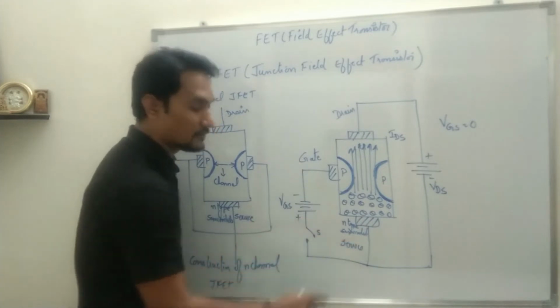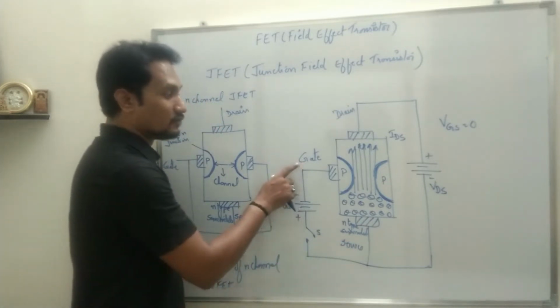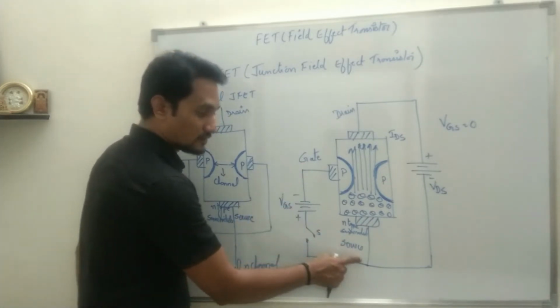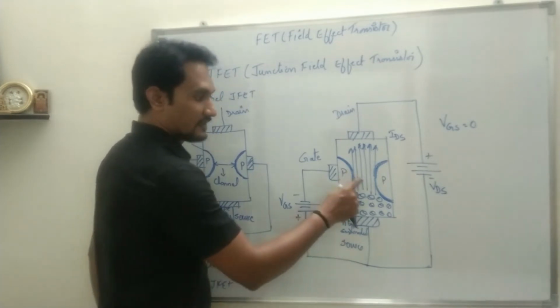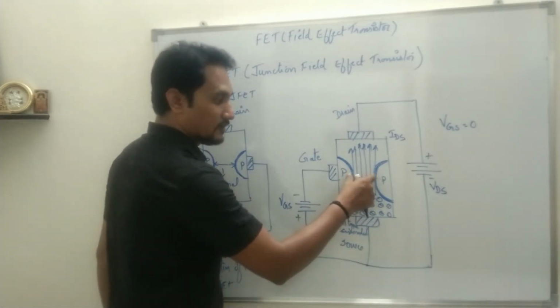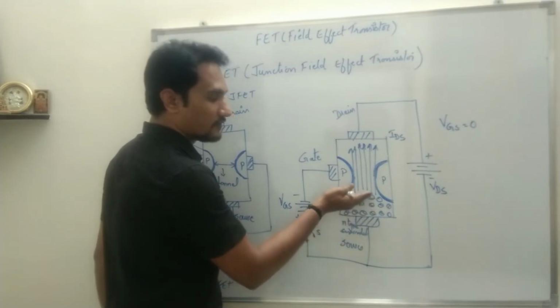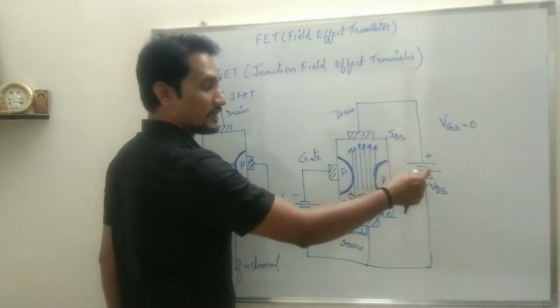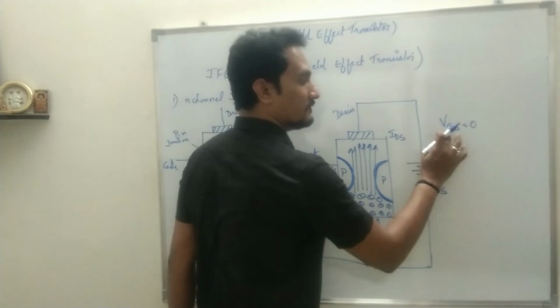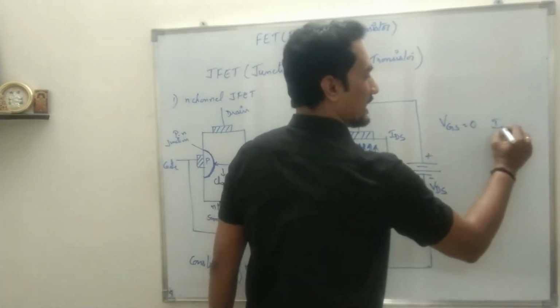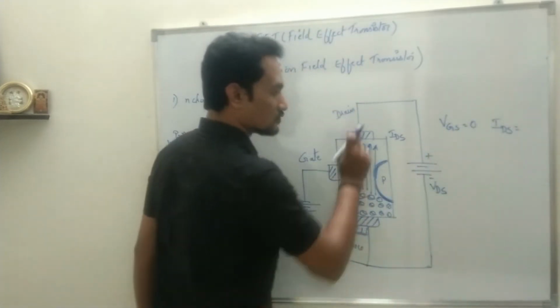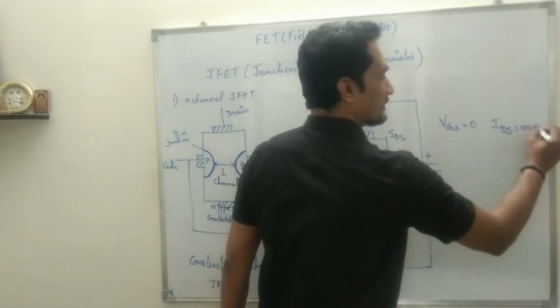There is no potential between gate and source. And if there is no potential between gate and source, the channel width will be maximum. At that point, a large amount of electrons will move from source to drain because of VDS. So when VGS is 0, IDS, that means drain to source current, will be maximum.